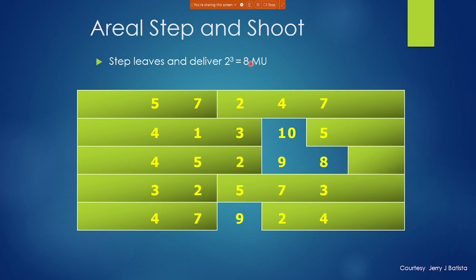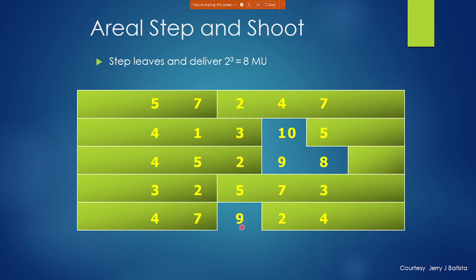So 2 power 3 is 8, and I have 8, 9, 10 and so on. So first I will open up where it is 8 mu and above. I open up this and this, and I deliver this. This is one segment. What happens is this 8 will become 0. This 9, 8 is delivered. The rest will be 1.